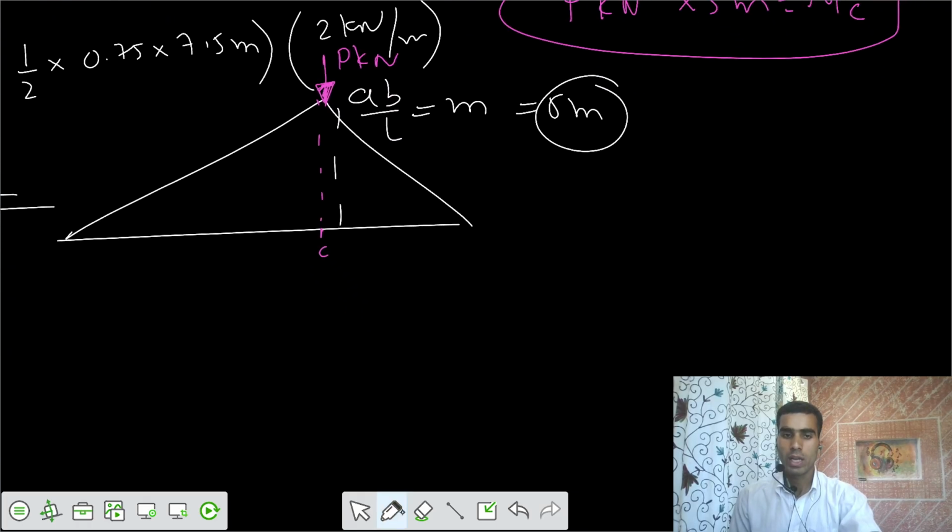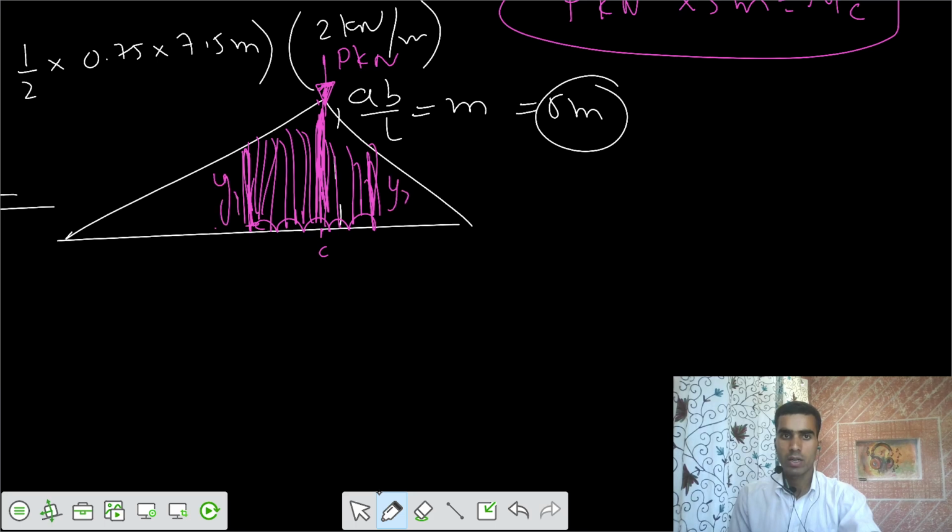But if you have a UDL, you place it partly to the left and partly to the right, such that we have some ordinate here and the maximum ordinate at point C. Then you calculate the total area between these ordinates.